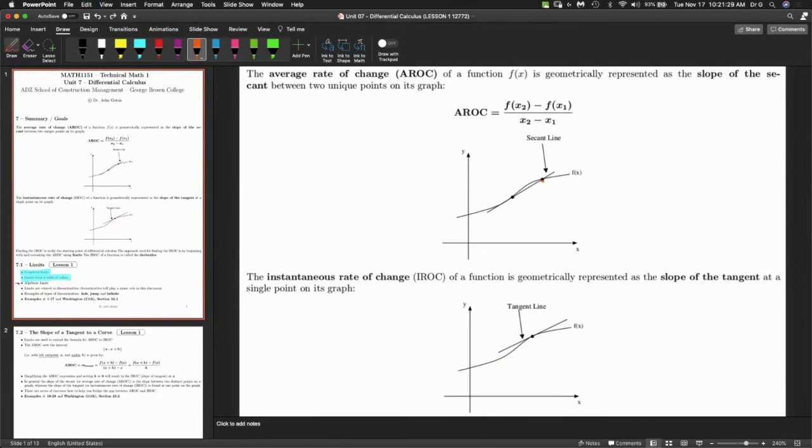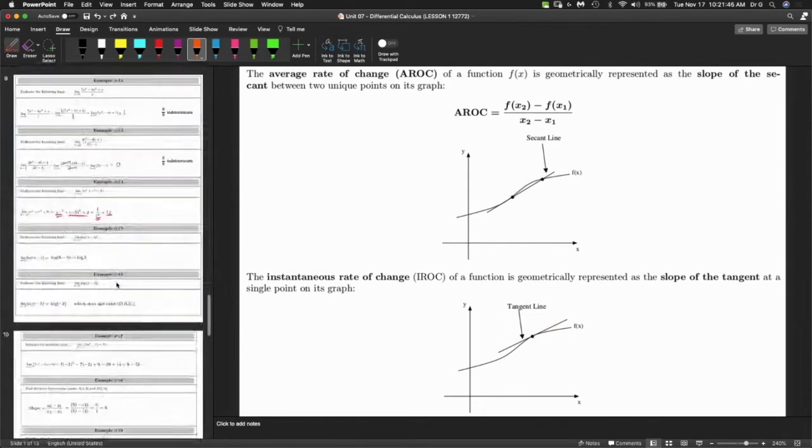If I take this second point and get it closer and closer, like right here, then that slope will be closer to the true tangent slope. That's the idea of what we're trying to do in this next series of examples.